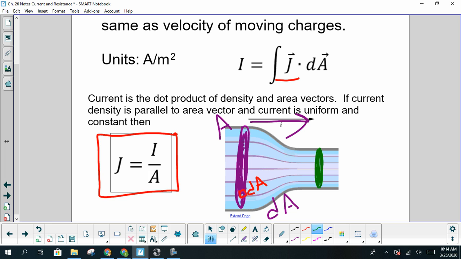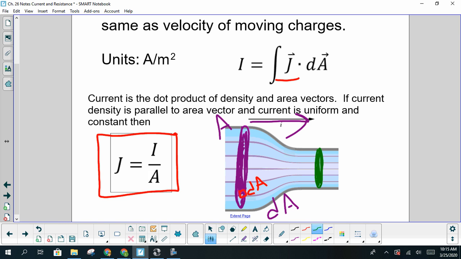You could do that same idea down here. If we look at our green cross-sectional area versus our purple cross-sectional area, we know from our previous discussion that the amount of current flowing through the purple cross-section is the same as the current flowing through the green cross-section. And we intuitively understand that the current density is going to be greater through the green section since there's a considerably smaller area.